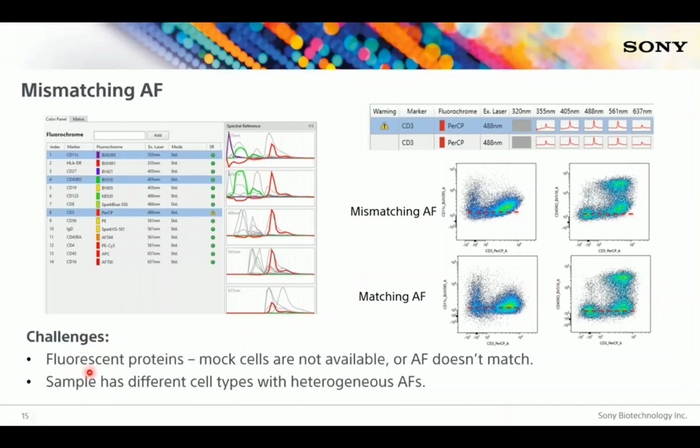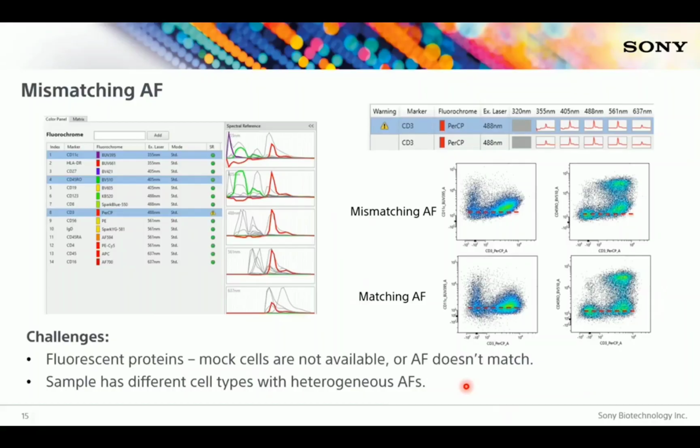When you're using cells expressing fluorescent proteins, sometimes the mock cells are not available, or the cells that express the fluorescent protein and the mock cells don't have the same autofluorescence because they are in different conditions. Another situation that can come up is when we have different cell types with heterogeneous autofluorescence.